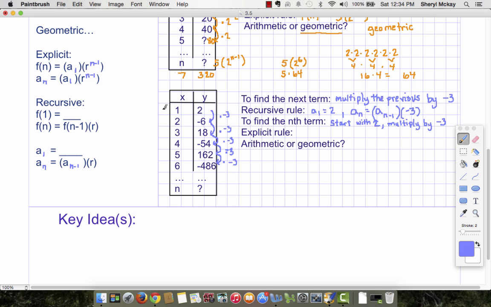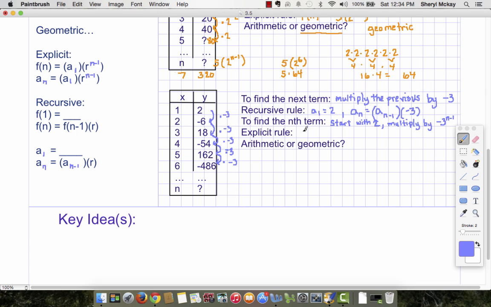So on the first term, I didn't multiply by anything. I just had 2. That's what I started with. Then on the second term, I multiplied by negative 3 just one time. So the second term, I multiplied by negative 3 to the 1 power. On the third term, I multiplied by negative 3 to the second power. So I'm going to do n minus 1. So negative 3 to the n minus 1 power.